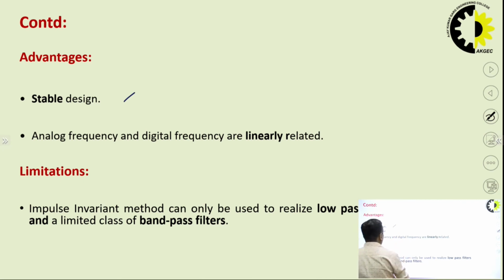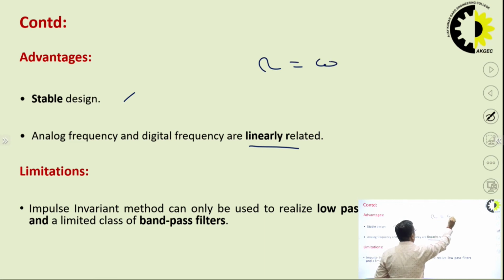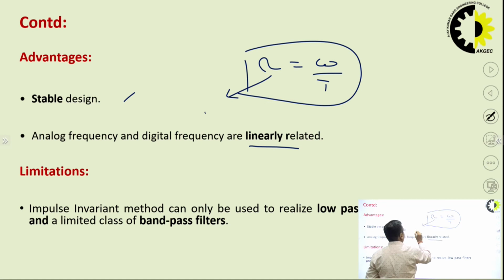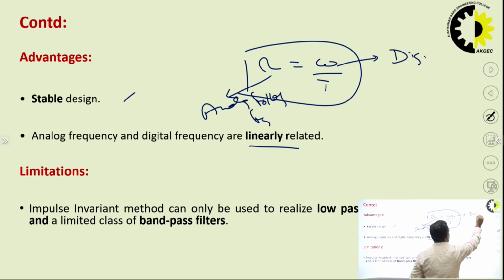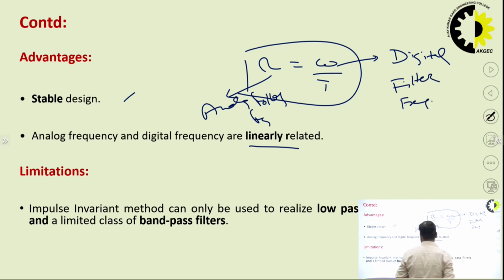Also, analog frequency and digital frequency are linearly related. You know Ω is equal to ω upon T in this method. Ω is the analog filter frequency and ω is the digital filter frequency. So the relationship between Ω and ω is linear here.